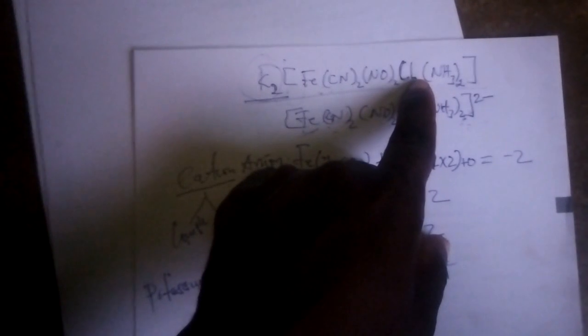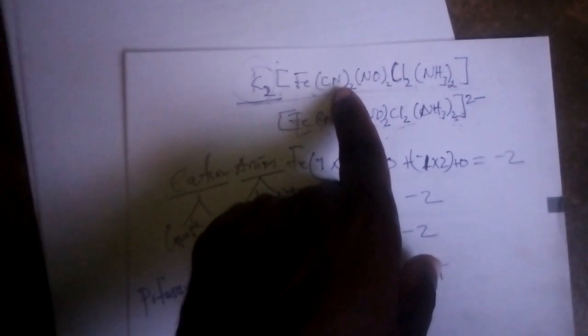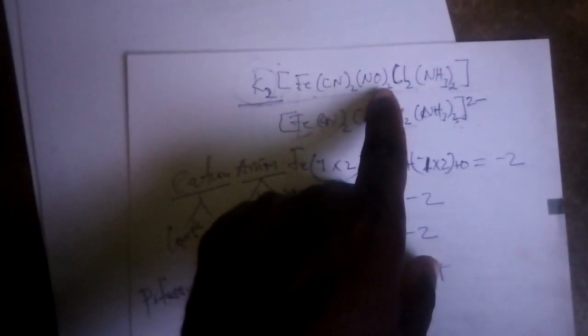We start with chloro because cyano is Cy, while chloro is CH. So we start with chloro, that is dichloro. It becomes potassium diammine dichloro, followed by cyano, dicyano, and nitrosyl.